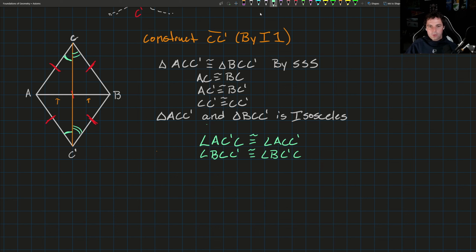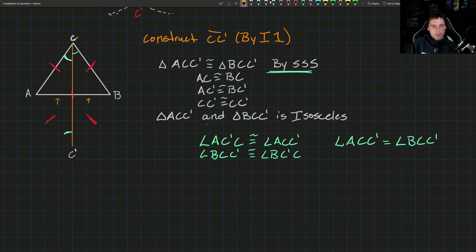And we can go further with this, because those two bigger triangles are congruent by SSS, we also know that angle ACC prime is congruent to BCC prime. So not only are they congruent to their other base angle, they're actually congruent to each other, right? So we no longer need that double marking. Those angles in that teal color are all going to be congruent.